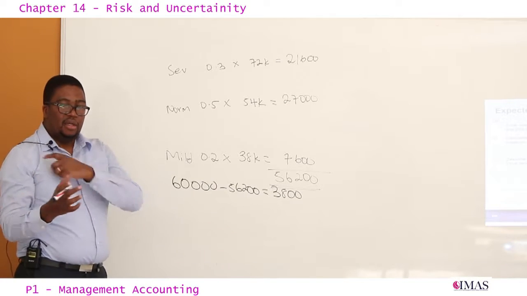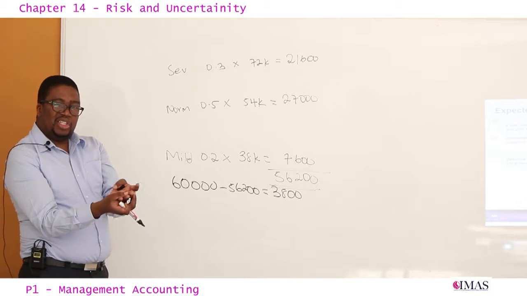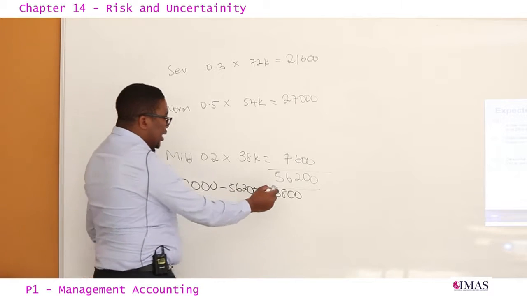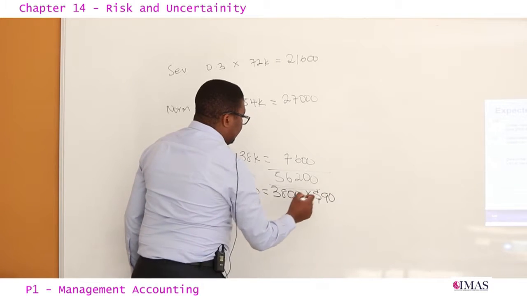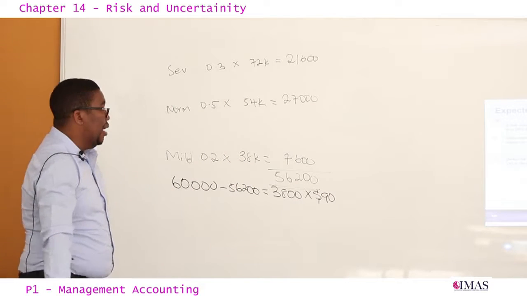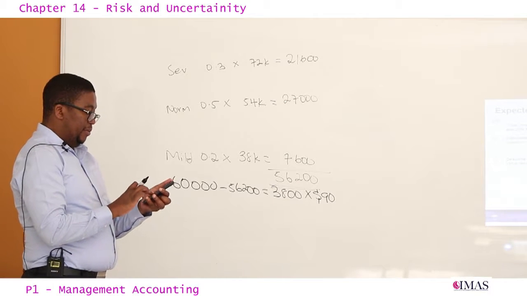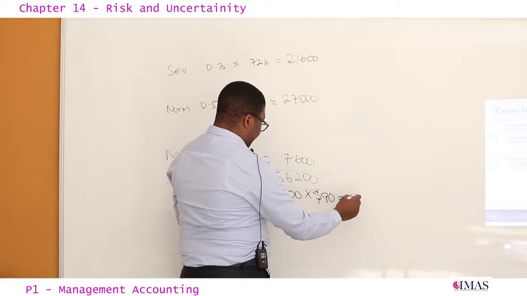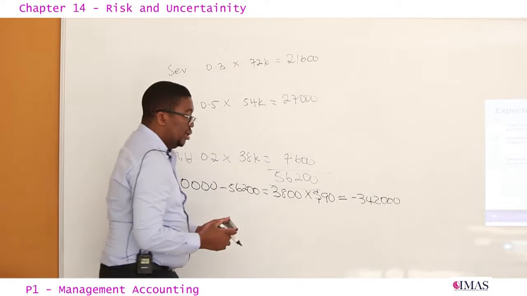At 90, because it is the 20 to dispose the grit plus the cost associated with making the grit of 70. Therefore 3,800 multiplied by $90. Therefore how much are we going to get? 3,800 multiplied by 90. We're going to make a loss of 342,000 from disposing of this grit.